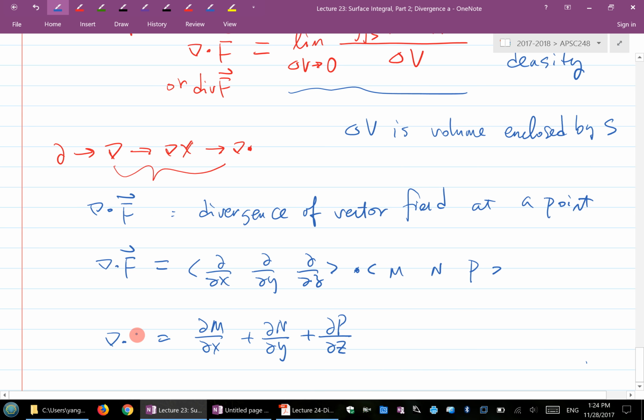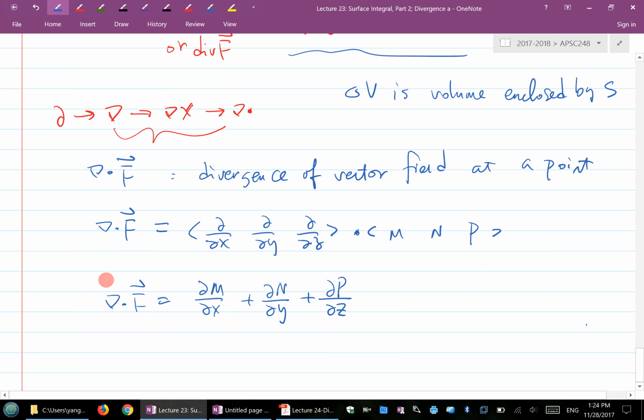So this is your calculation of divergence. Divergence of a vector field at a point, just like the curl of a vector field at a point, or gradient at a point. Here is the formula of divergence.